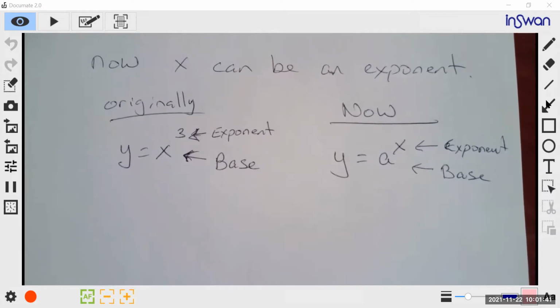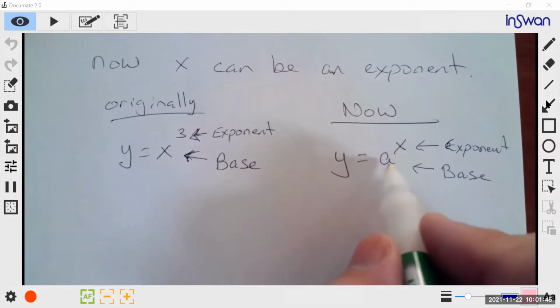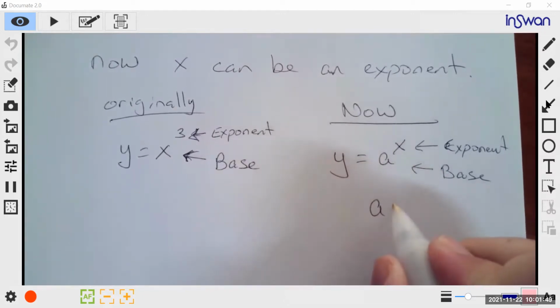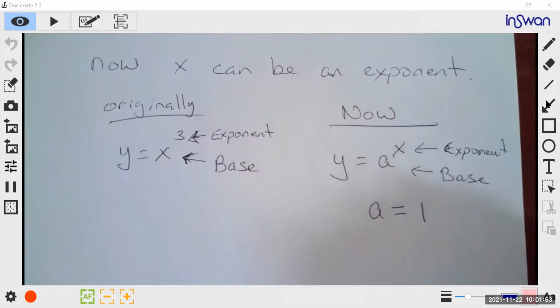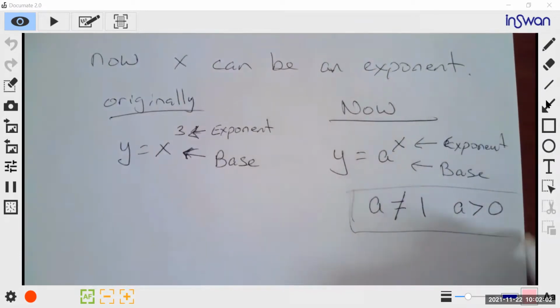But there are conditions here. A cannot equal 1, and a has to be positive. It cannot equal 1.